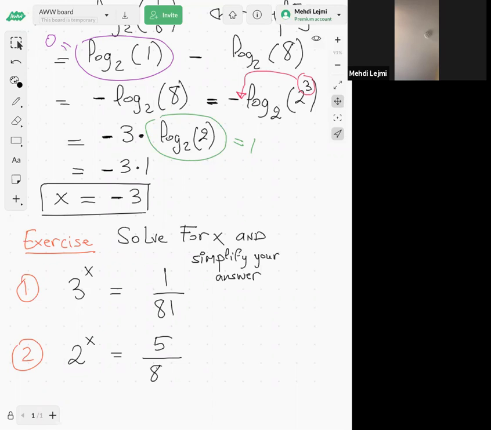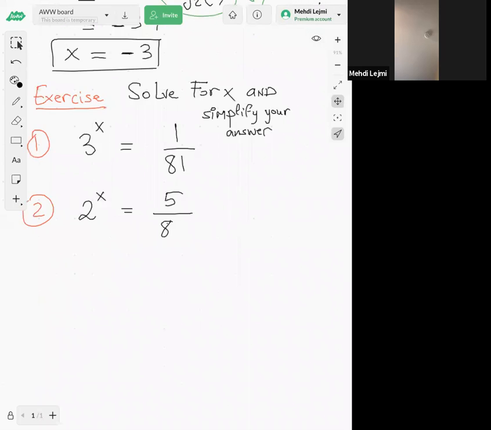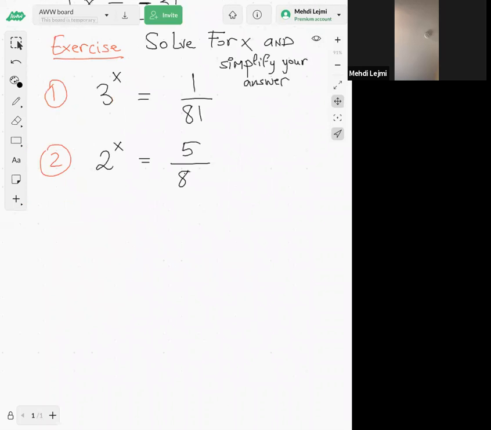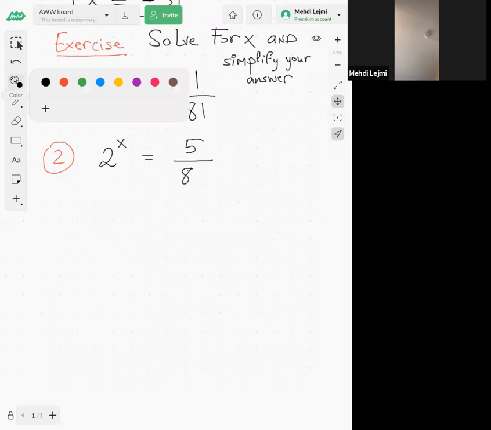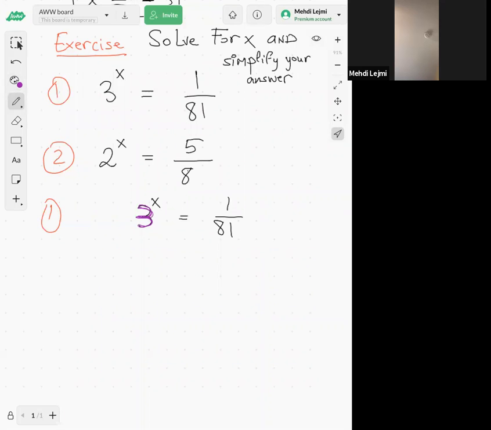All right, so for number 1, guys, you have 3 to the power x equals 1 over 81. So we said this is an exponential in base 3, so I'm going to apply log in base 3 to both sides.